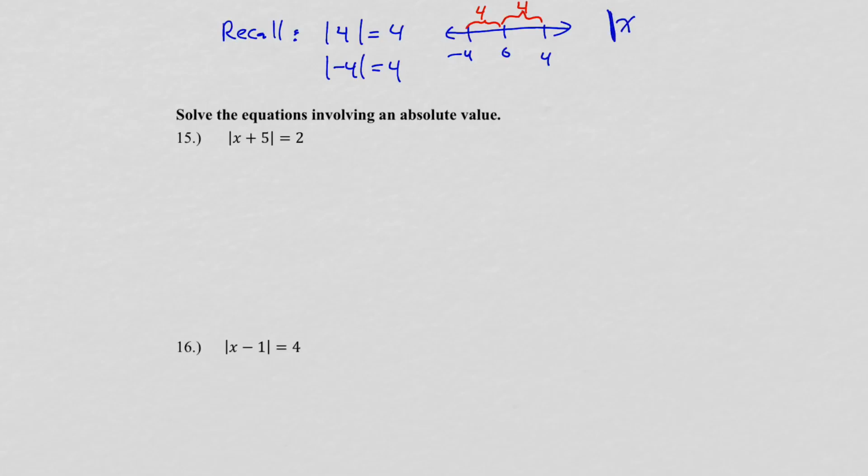The absolute value of x that equals 4, well, there's two x's that would make that 4. So we can see on the left, there's two x's. So basically, when you get an absolute value equation, you're going to get two equations. One that's positive and one that's negative. Okay?